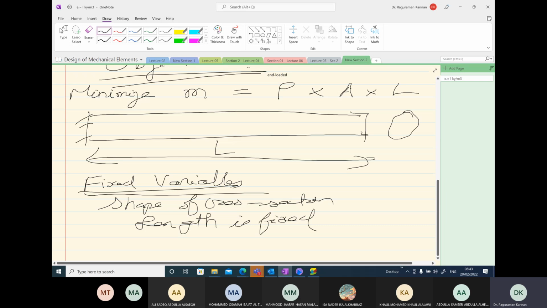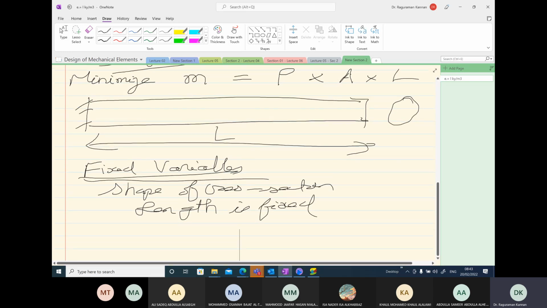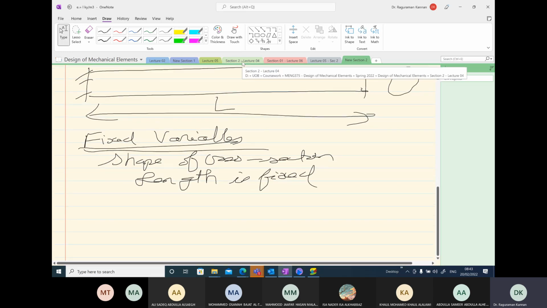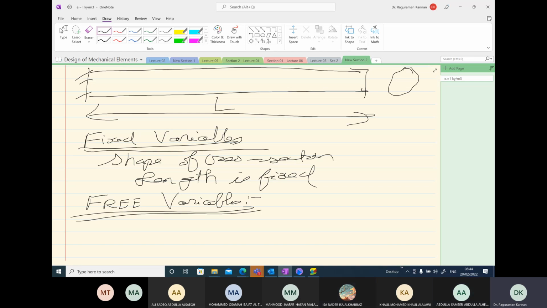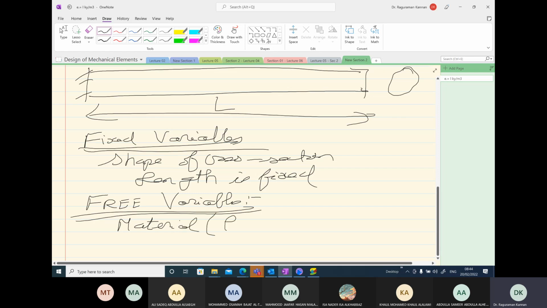Let's identify the free variables. What are the free variables? What can we change here? The material. That means rho. So in the bracket, I can write density.